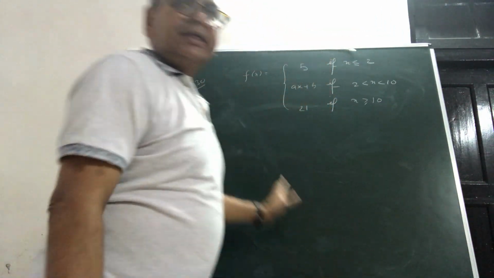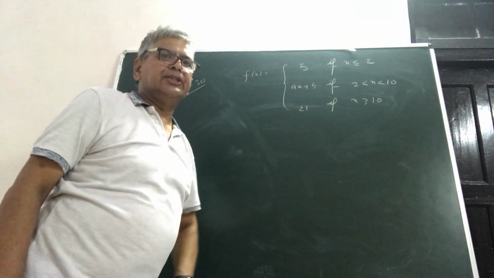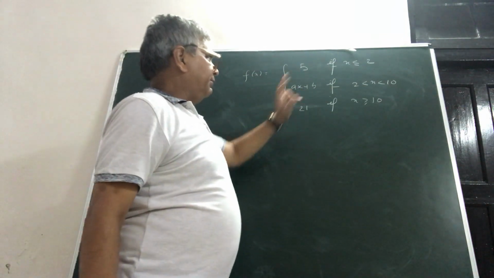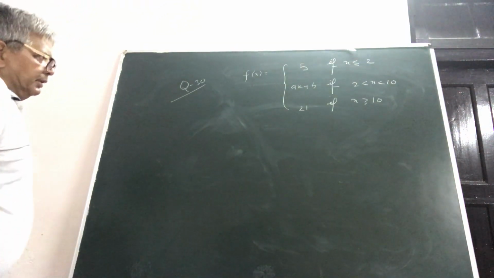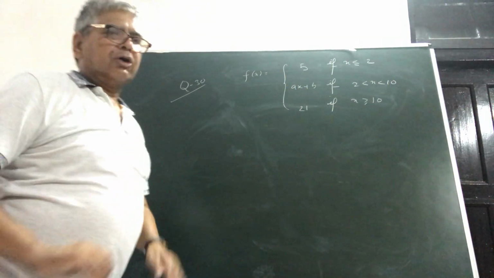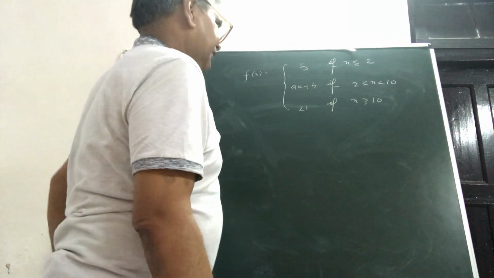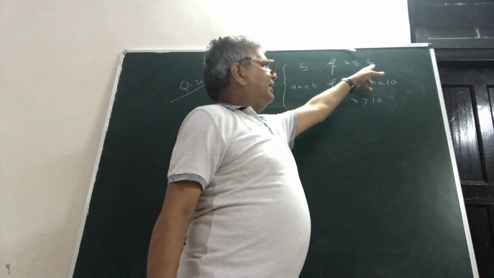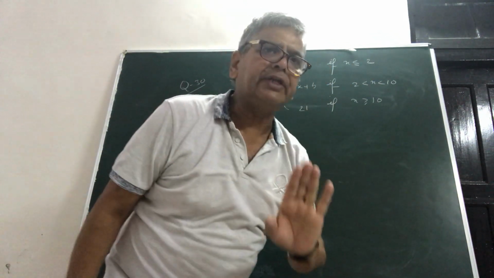Now what is given? This function is continuous throughout. So what do you have to find? There are two unknowns a and b here in the open interval 2 to 10, so the values of these constants have to be determined. Now one obvious thing is, when x is less than or equal to 2, the function is a constant function.